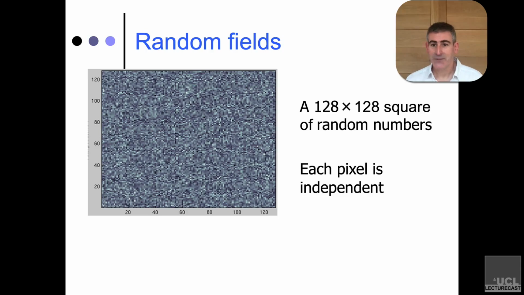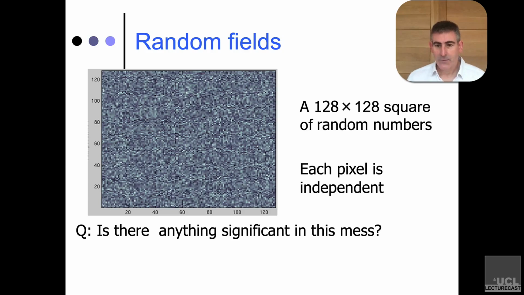These aren't like reaction times in an experiment where I just have, I don't know, 20,000 reaction times for people over a group, where there's no relationship between any one reaction time and any other reaction time. They're independent of one another. That's not true here. Here there is a relationship, and it's because they're laid out in space. They have a spatial configuration. In this case 2D, but for fMRI it would be 3D.